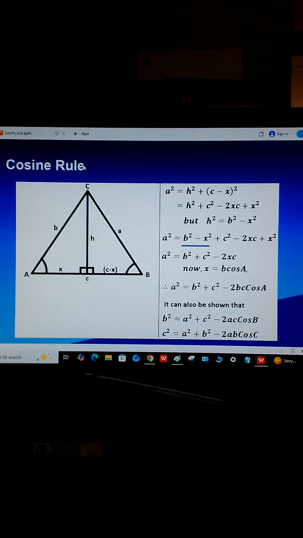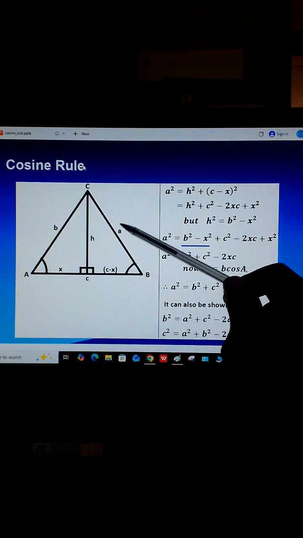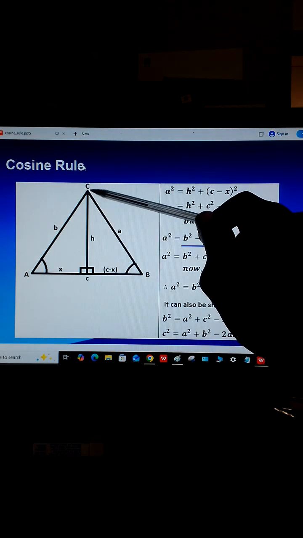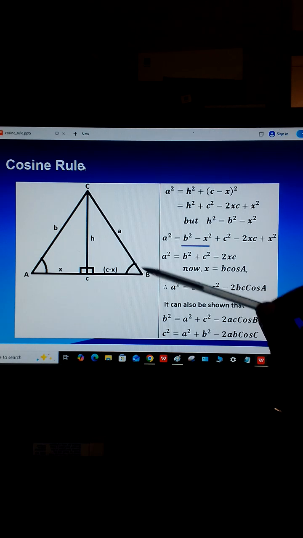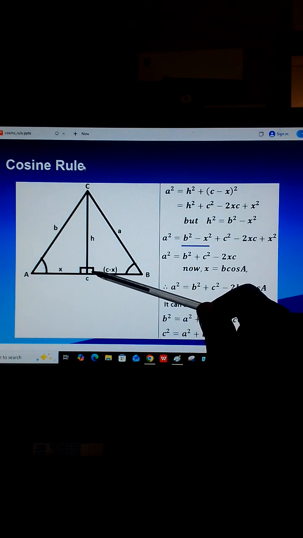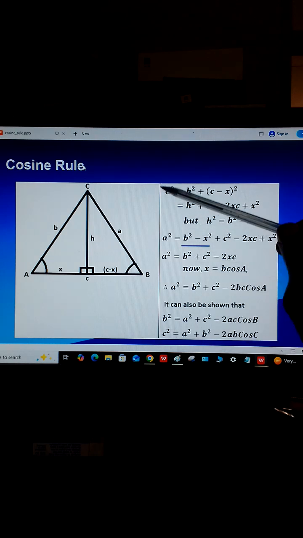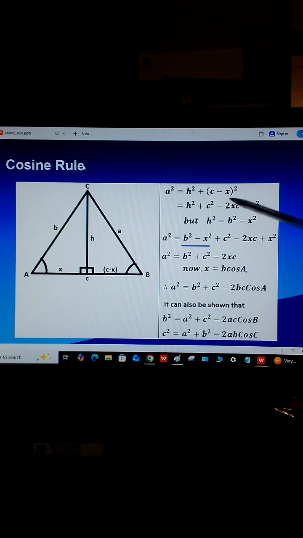We want to write an expression for a squared. Using Pythagoras theorem, we find that a squared is equal to h squared plus (c minus x) squared.